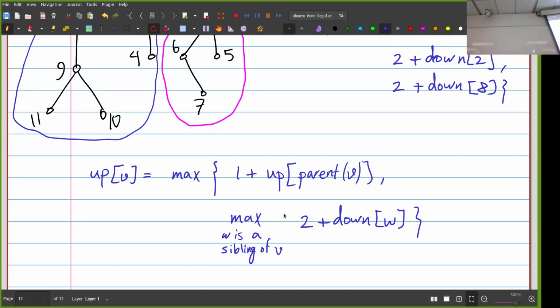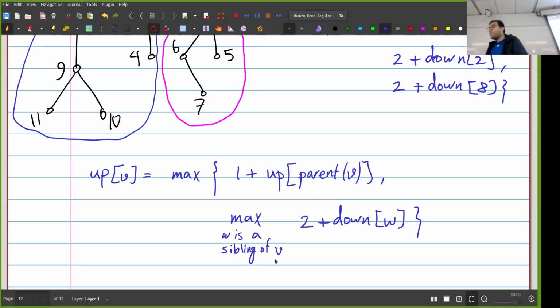But why? Why is this one O(n)? So let's say I have all of the down values already. I've spent O(n) for those. Why can I find these up values in O(n)? So this is the first time where we're talking about siblings. Okay, so here's the thing. When I'm at vertex V, I definitely know the up value of the parent of V. So this part is O(1), right?